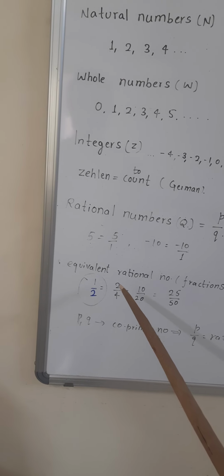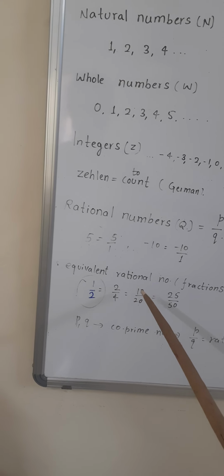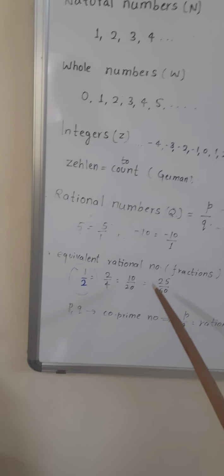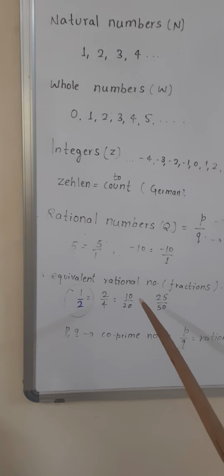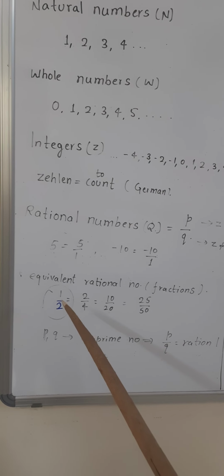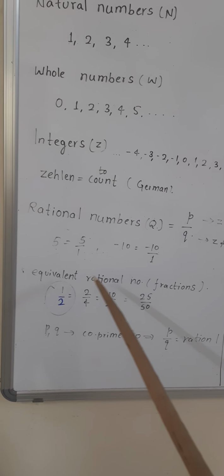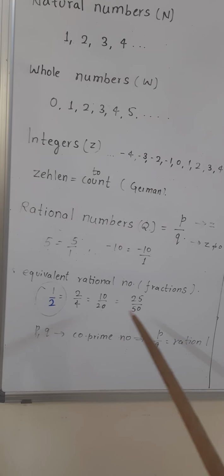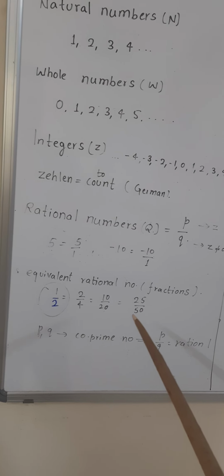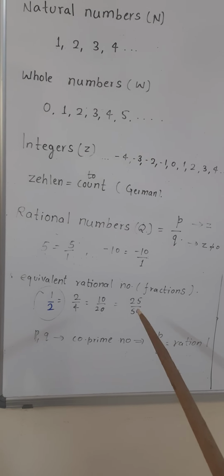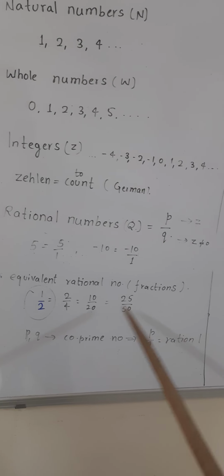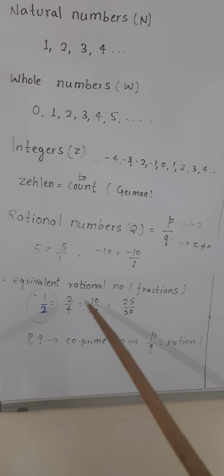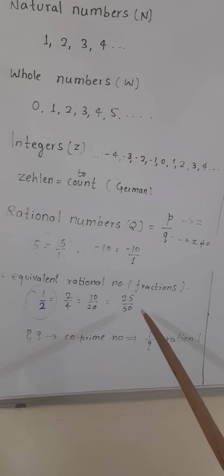Similarly, if we multiply by 5, we get 5 by 10, then 5 by 20, and so on. If you multiply by 25, 25 ones are 25, 25 twos are 50. So these are all equivalent. If we cancel out by 5 or 25, this is 1 by 2.